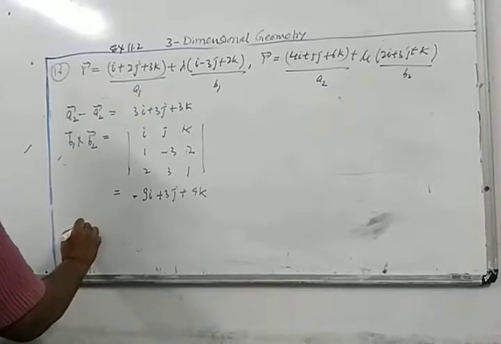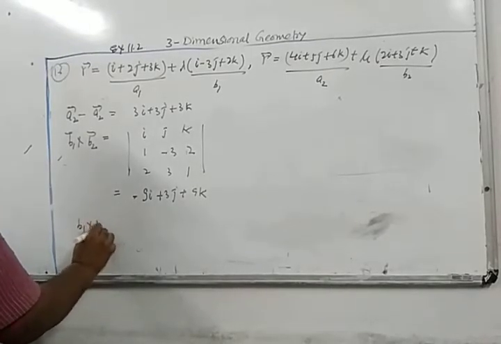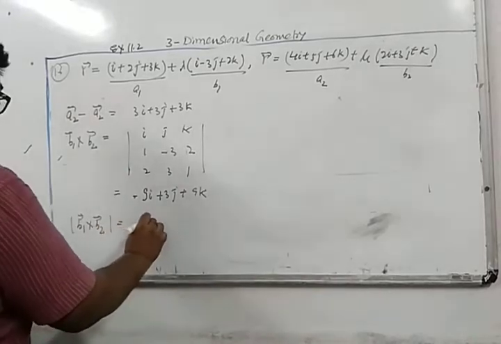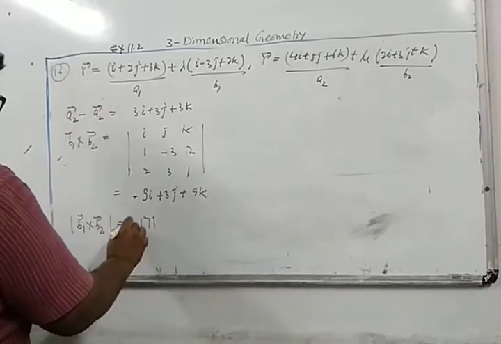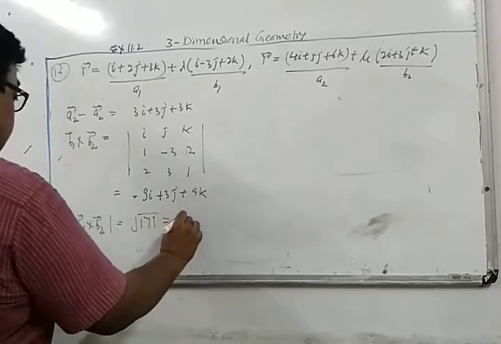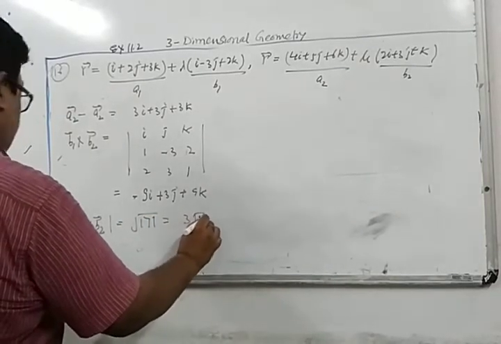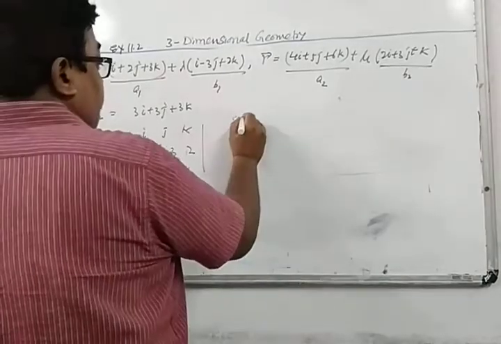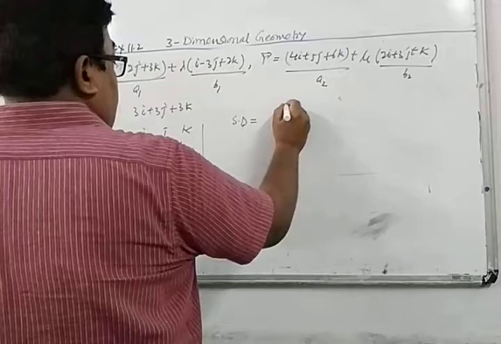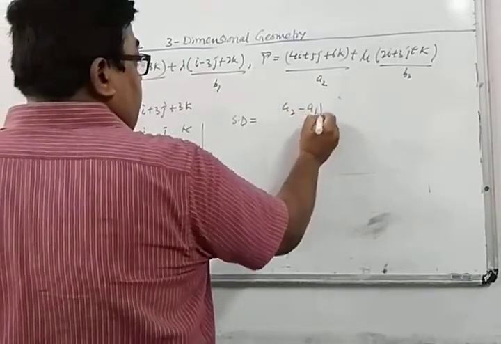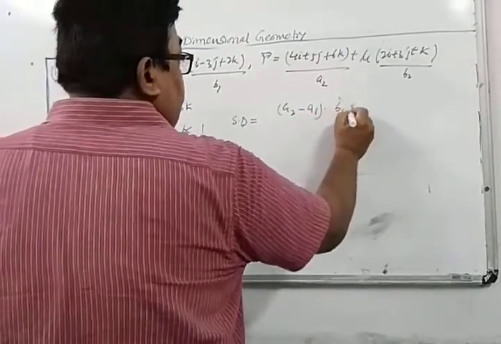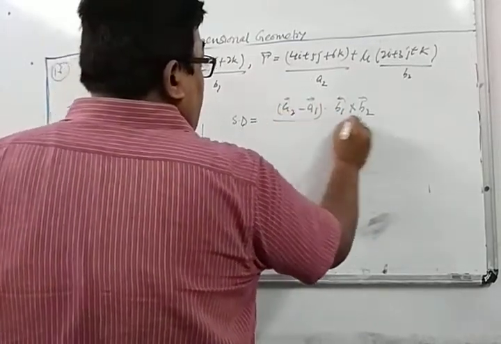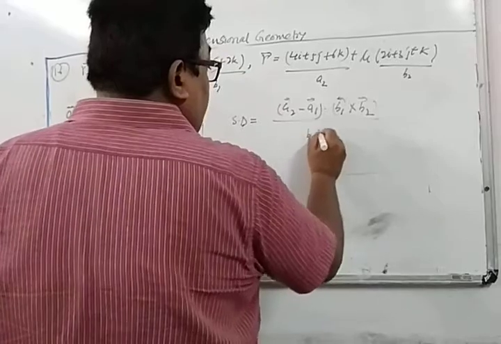Then we will find the mod of B1 cross B2, which is root 171. Its value is 3 root 19. After getting this value, again we use the formula of shortest distance, the mod of A2 minus A1 dot B1 cross B2 upon mod of B1 cross B2.